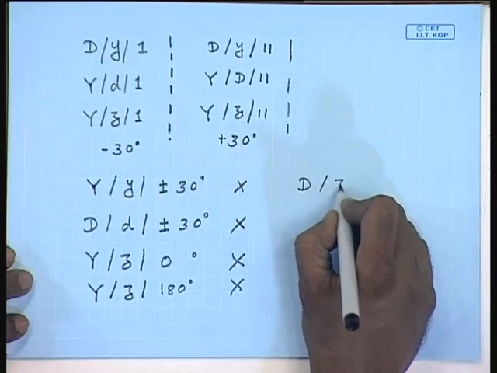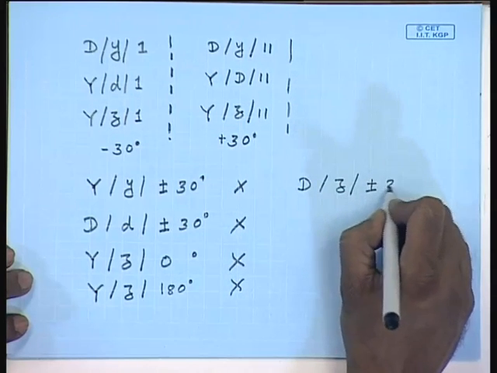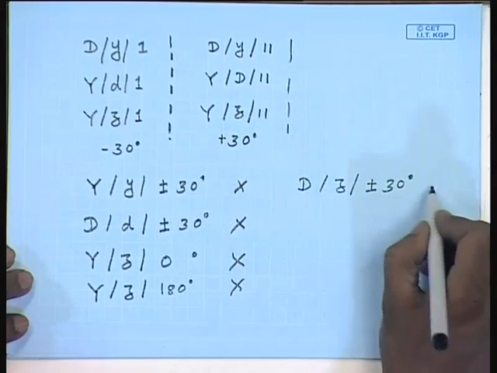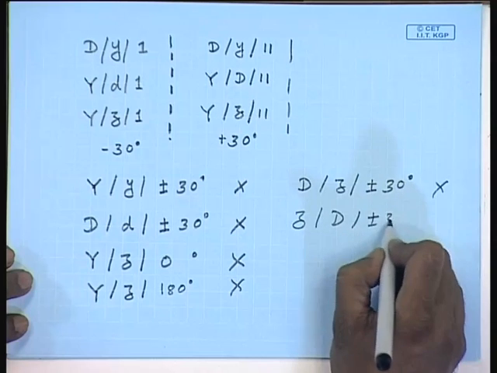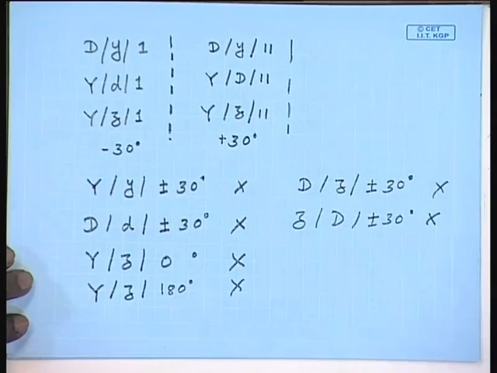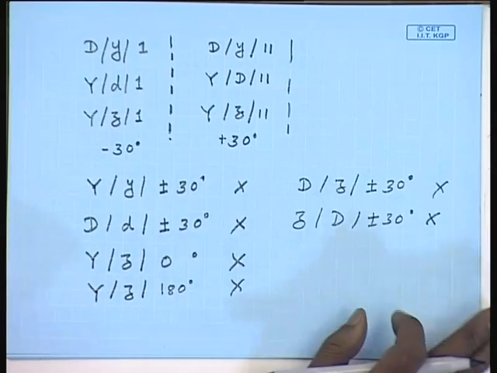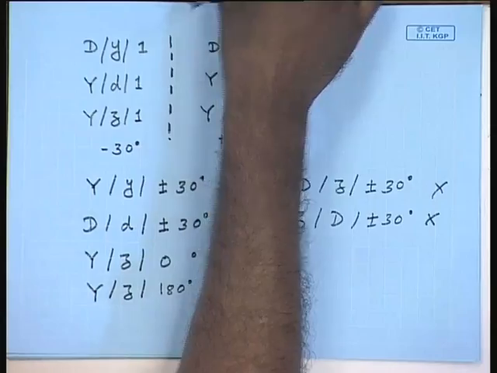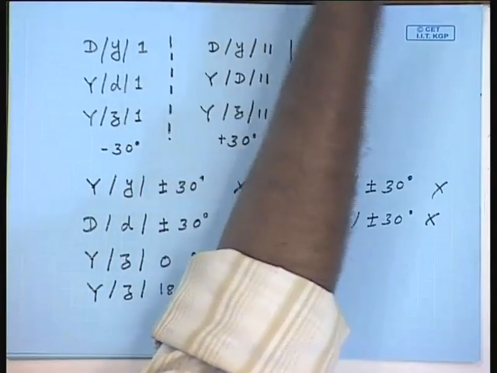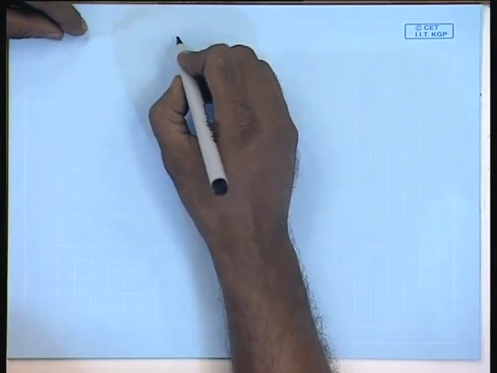D Z plus minus 30 degree, this is also not possible, or Z D plus minus 30 degree, this is also not possible. So, we have seen that there will be 12 different connections of 3-phase transformer. Let us see how these connections are made. Let us start with the simplest one, that is Y 0 degree.